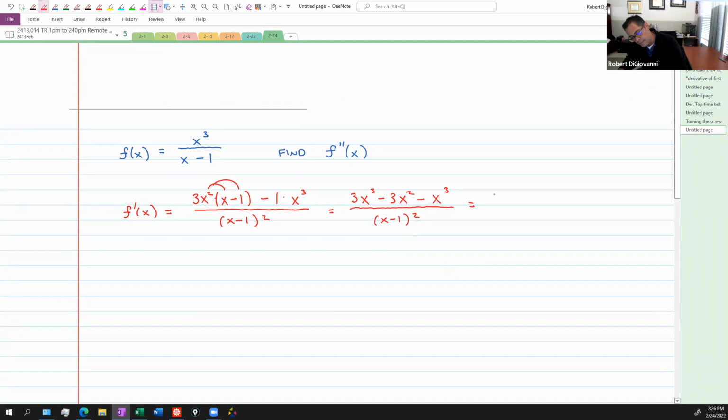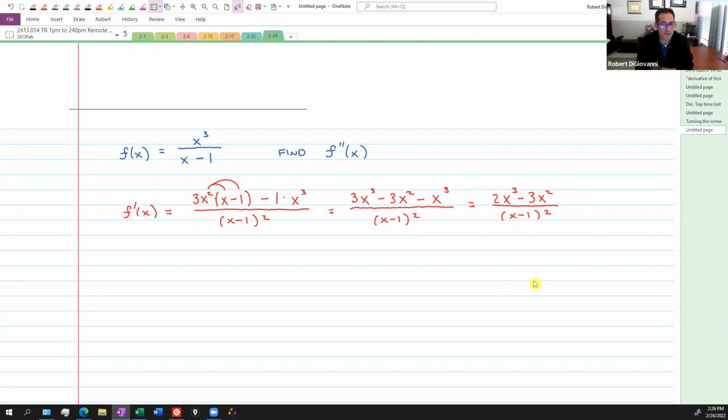Which is 2x cubed minus 3x squared all over x minus 1 squared. Questions? That's your first derivative, right?